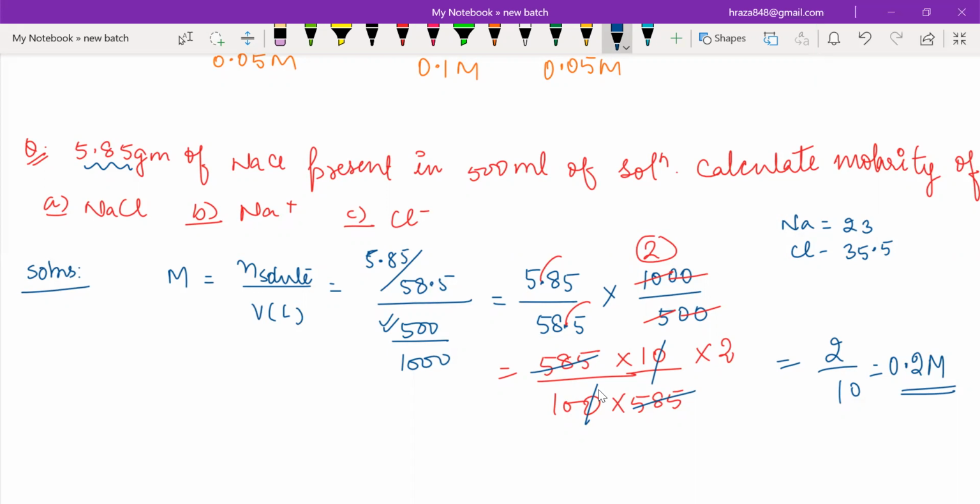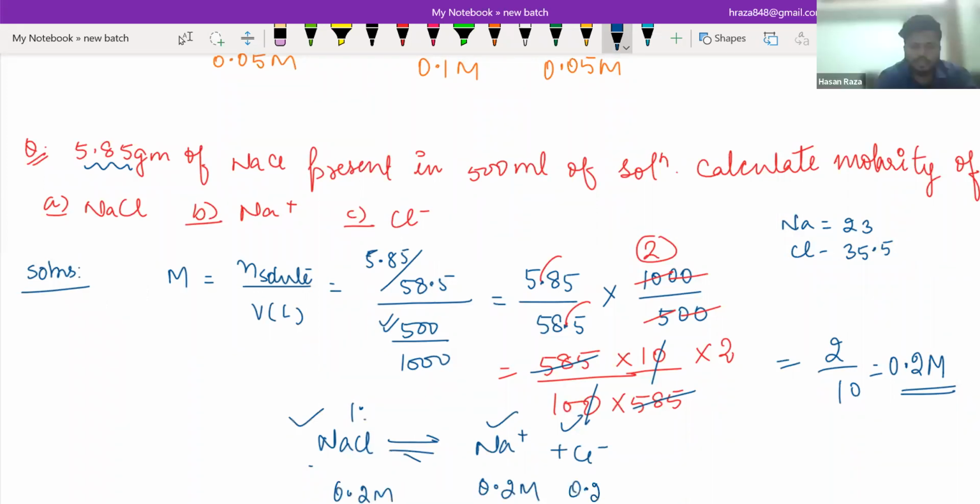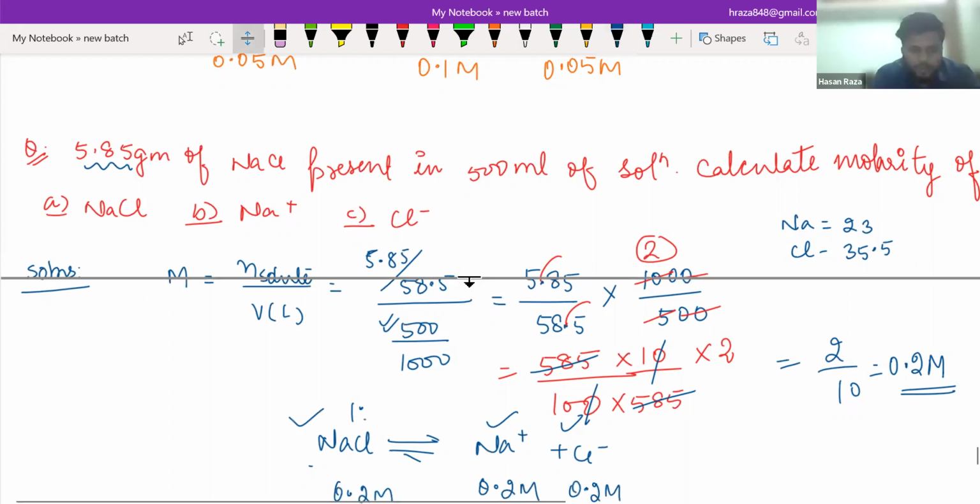So it will still be the same because it's 1 mole. NaCl, if you dissociate it, gives Na plus and Cl minus, 1 mole, 1 mole, 1 mole. It is balanced 1:1. So if it has 0.2 M, Na plus will also have 0.2 M, and Cl minus will also have 0.2. Very good. Can we move to the next portion? Yes, sir.